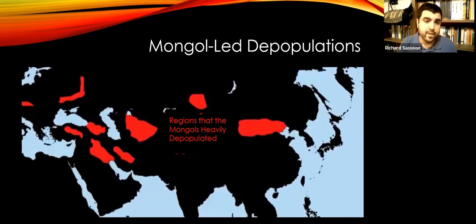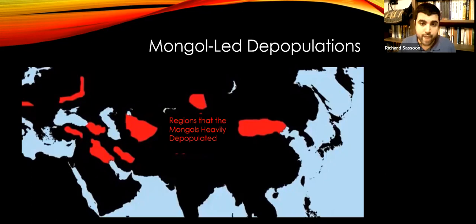Mesopotamia. You have the area of the Caucasus, which was the former kingdom of Georgia. You have central Anatolia. You have central Iran with Isfahan in particular, and Nishapur. So you have a significant portion of the deadliest campaigns, relatively speaking, taking place in the Middle East.